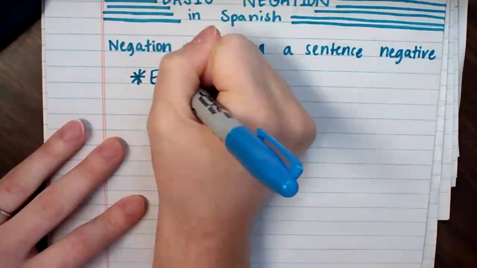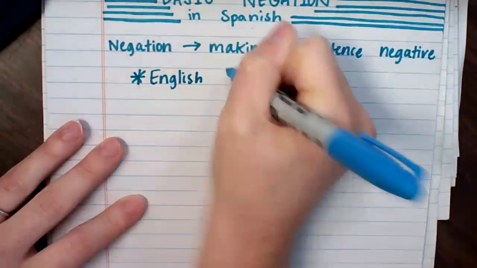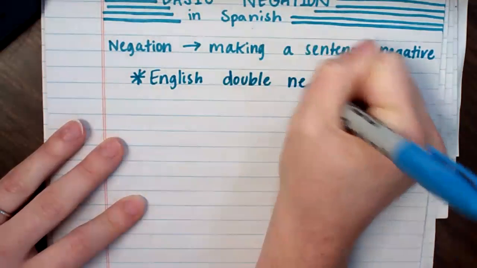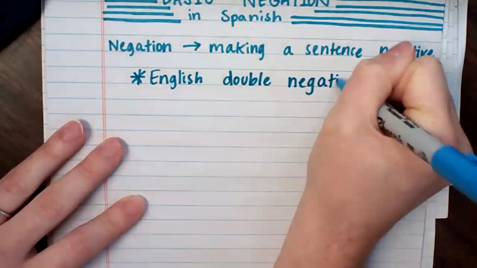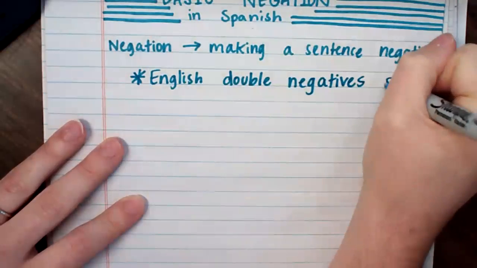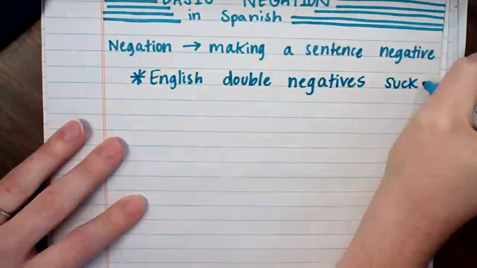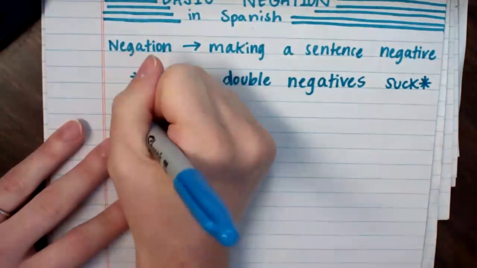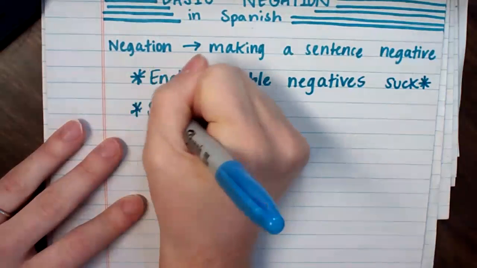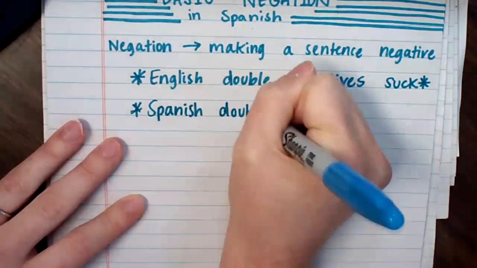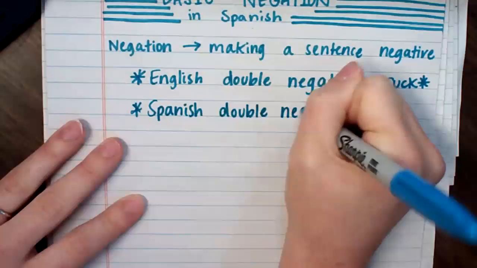So in English, double negatives are like the worst thing ever. So in English, double negatives suck. But in Spanish, double negatives are the bomb.